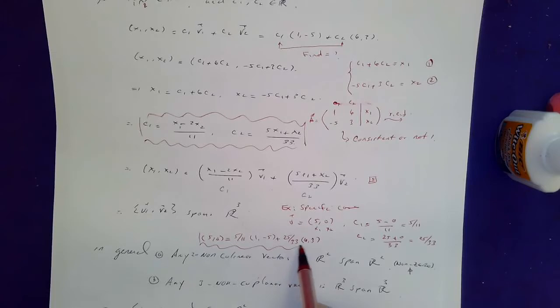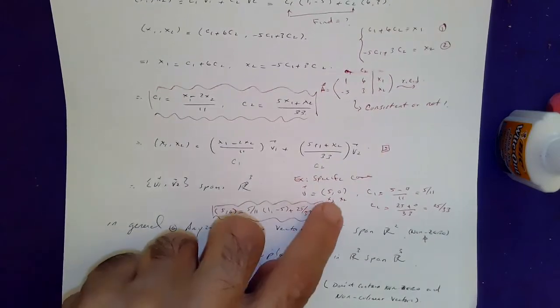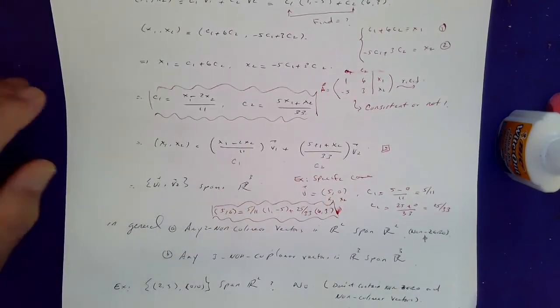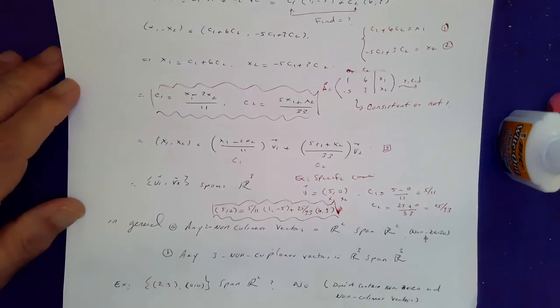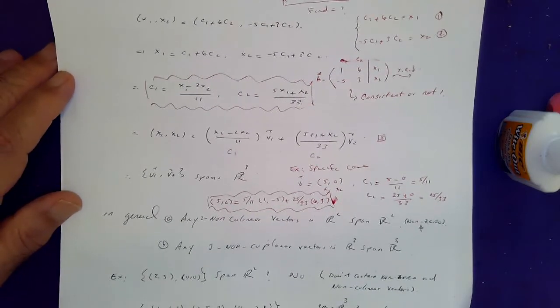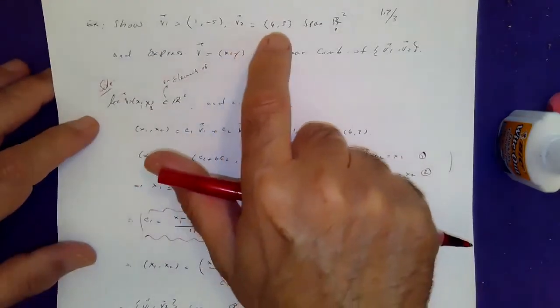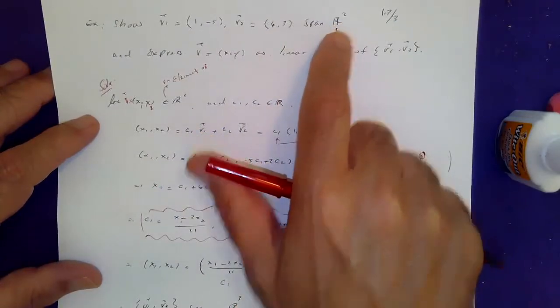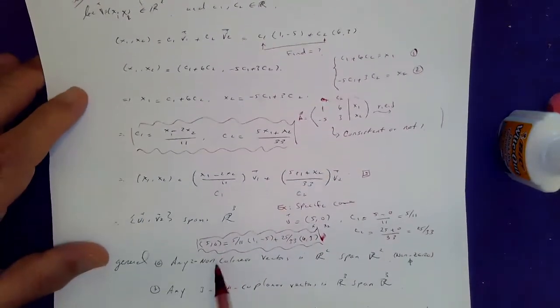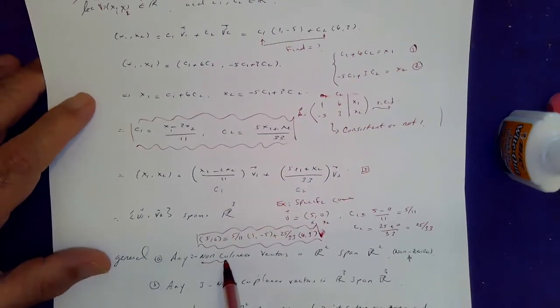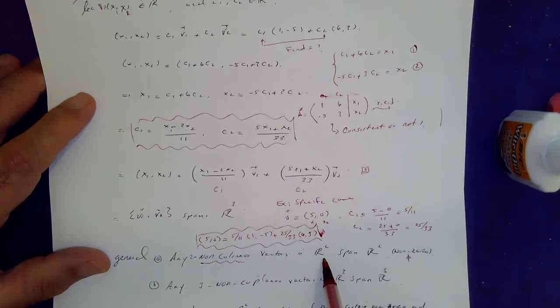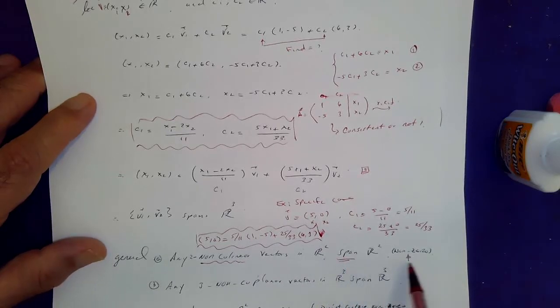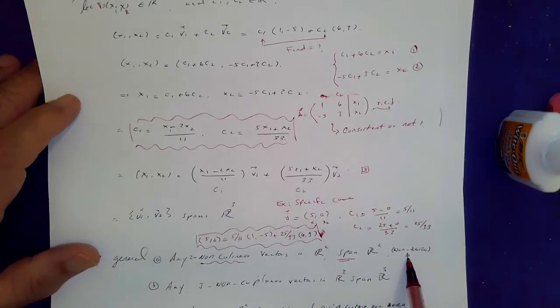But remember, this can be done for any vector in R2, not just (5, 0), any vector. Therefore, the answer is: spanning set. So these guys span R2. In general, if you have two non-collinear vectors in R2, they span R2, and they cannot be 0, all right?